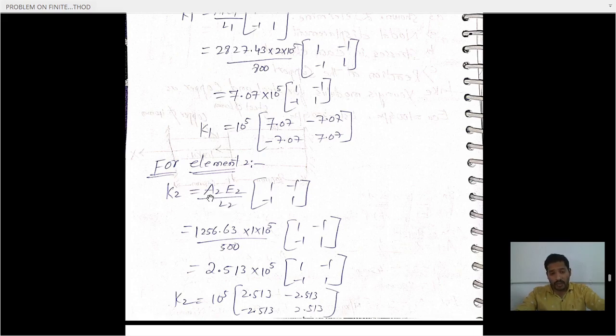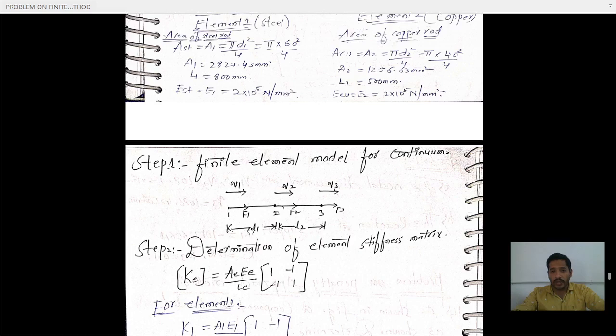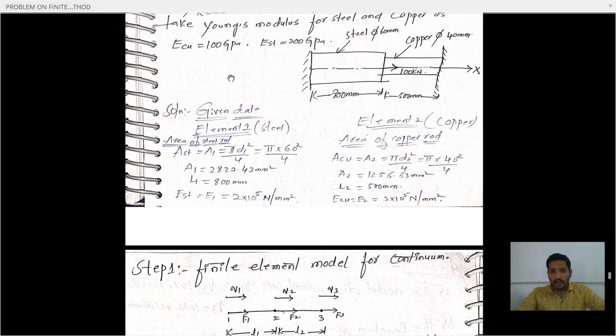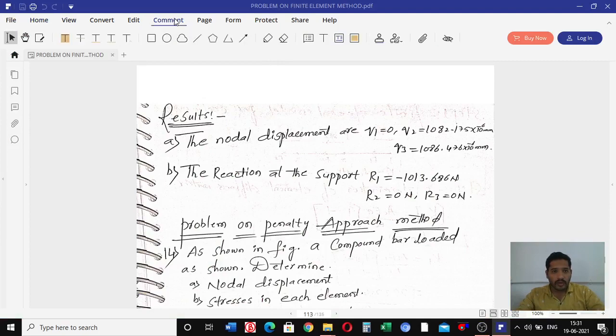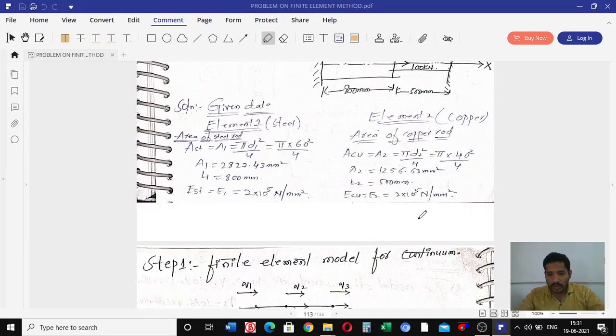The area of copper is given as 1256.63, and the length of copper is given as 100. So dear, I made a small mistake here. Wait, here you have to represent not 2, this is the 1 value.